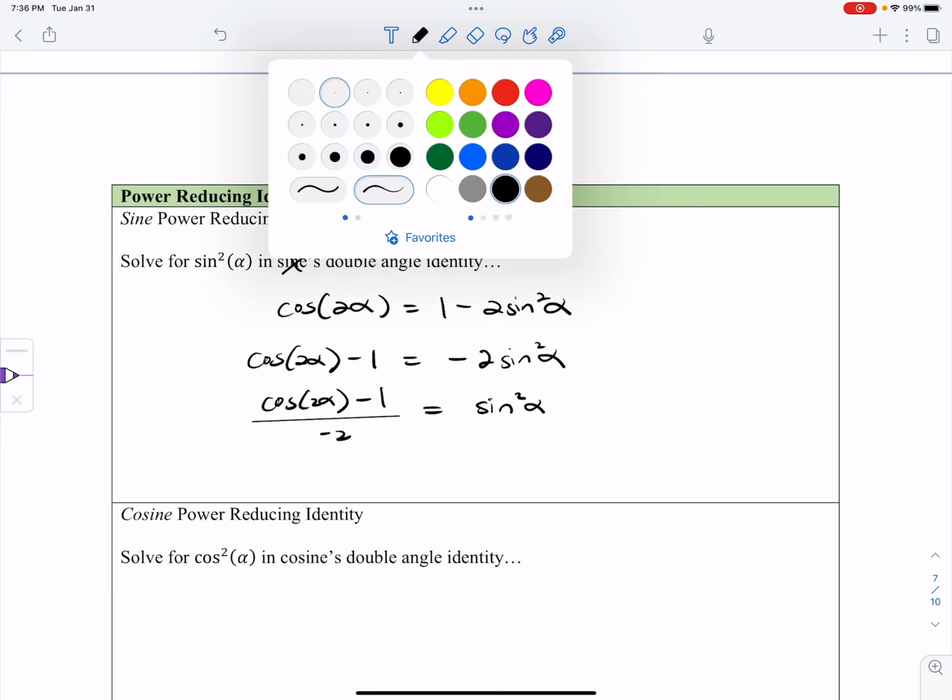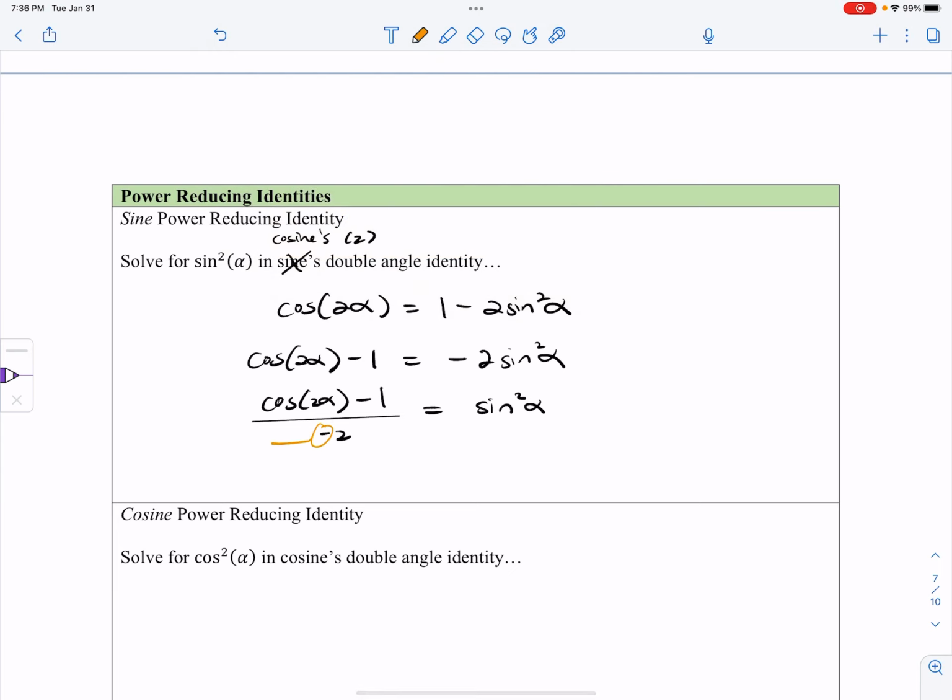And then we're going to bring this negative up to the numerator and distribute it. So we end up with, I'm going to flip this around, sine squared alpha is equal to 1 minus cosine 2 alpha over 2.